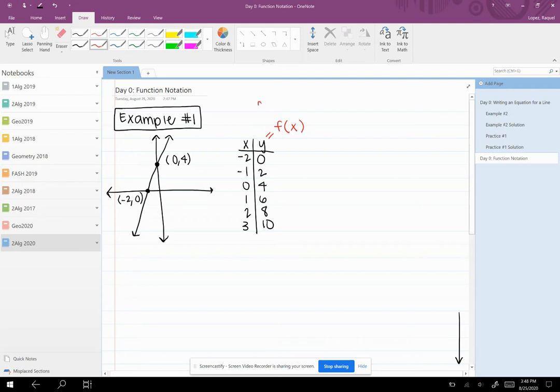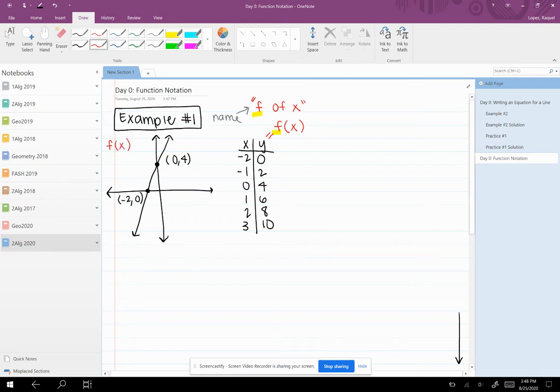We read that as f of x. What that f and then parentheses x is saying is that it's just naming the graph. So this letter right here, the f, is the name of our function. We can call our function or the graph f of x.